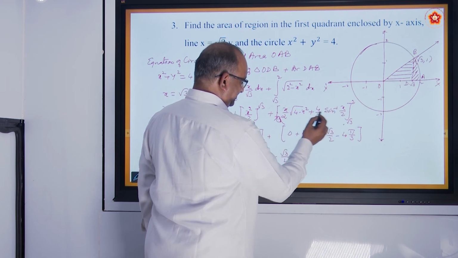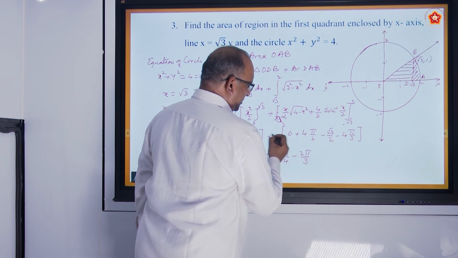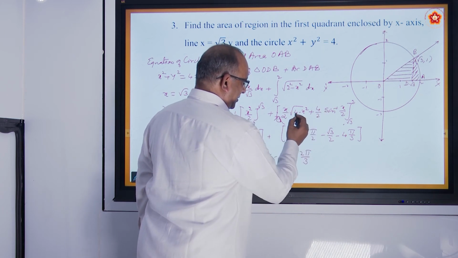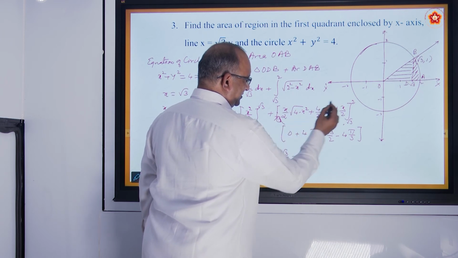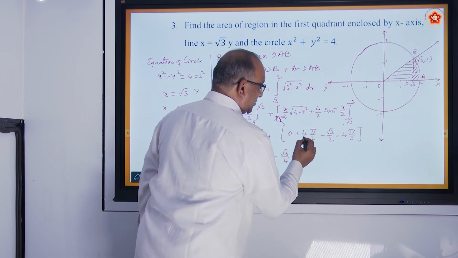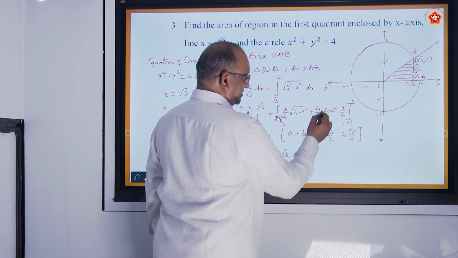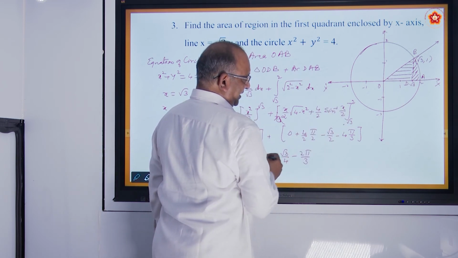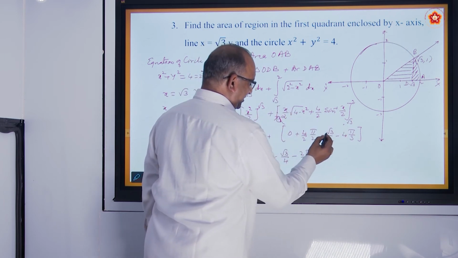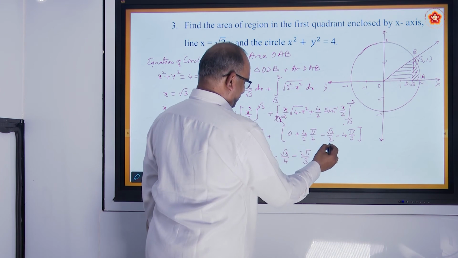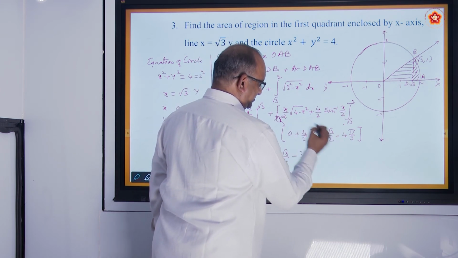The first one became 0, second one will become, in place of this we have written, then this is 4 by 2 sine inverse 1 will become pi by 2. When we substitute root 3, it will become root 3 by 2, 4 minus 1 is 1, right?